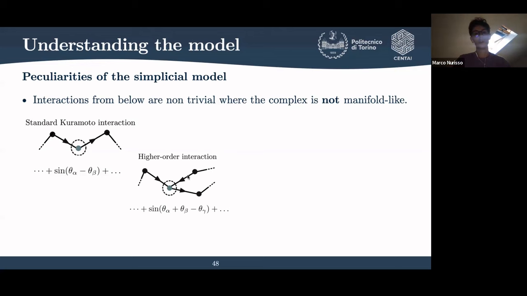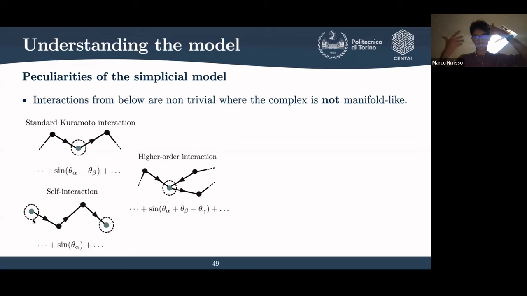For example, if you have three edges which are all incident on a node, this node will result in an effective higher order interaction, an interaction which is non-linear in the three phases of the oscillators. But also at boundary nodes, so edges which have free phases, you find that these nodes still account for interactions which you can think of as self-interactions. Is the edge interacting with itself in such a way as to stop its oscillation.